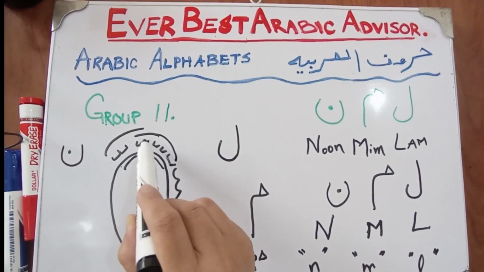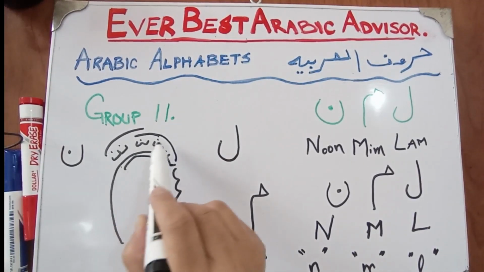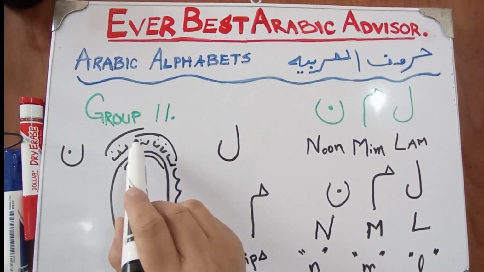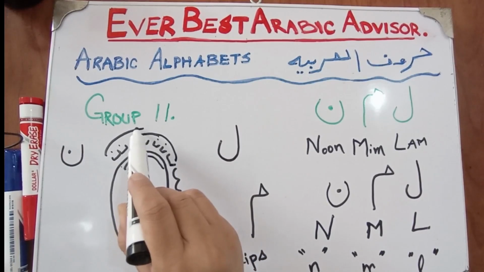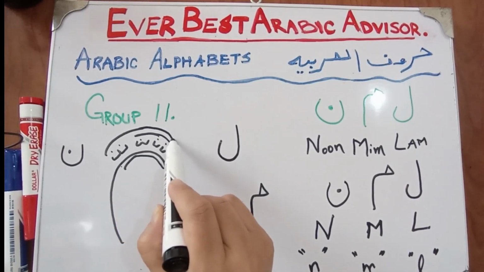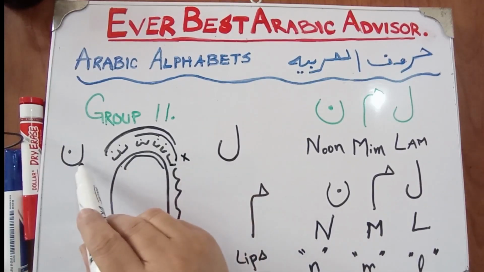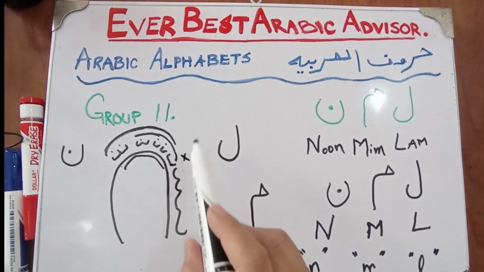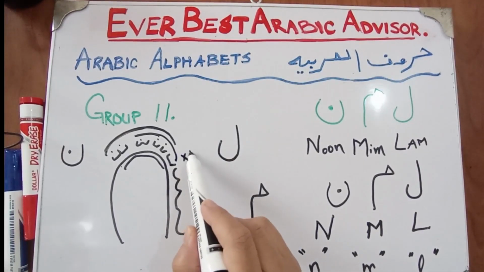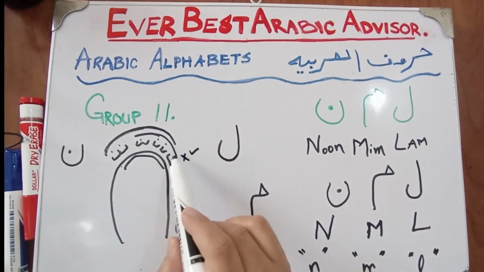Noon, Noon. And for Lam, the premolars, the incisors and the middle teeth are involved.